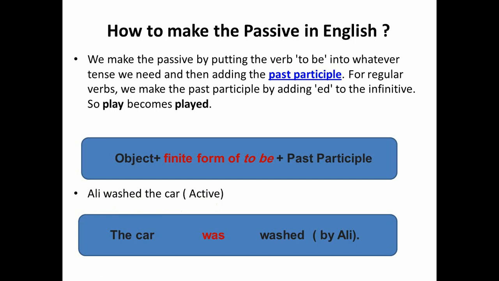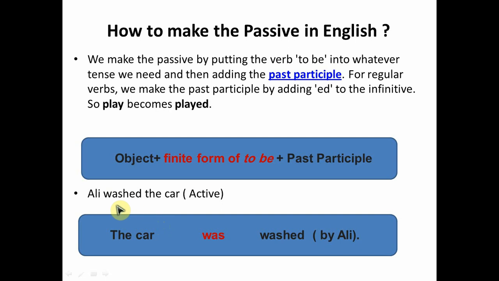Conjugate the verb be so that it's in the same tense as the main verb in the active sentence. Look at the sentence. Ali washed. It's a past simple tense sentence. So I have to put the verb to be in the past.